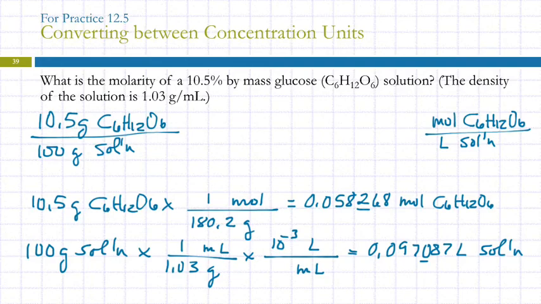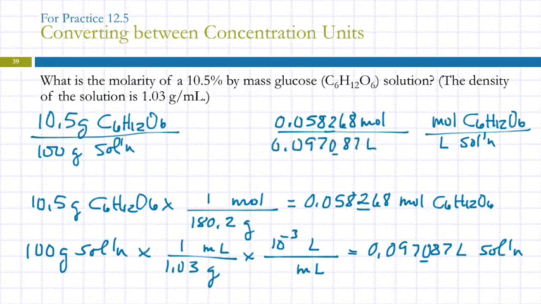And so then I take my moles and divide by volume. 0.058268 divided by 0.097087 is 0.600 moles per liter.